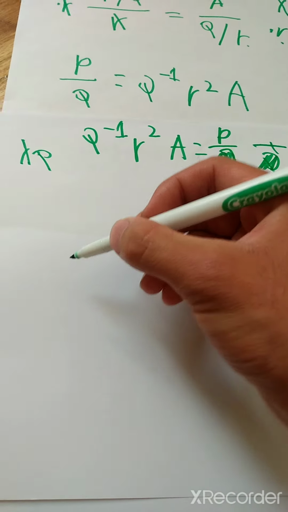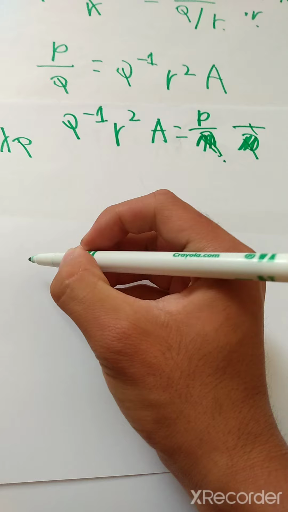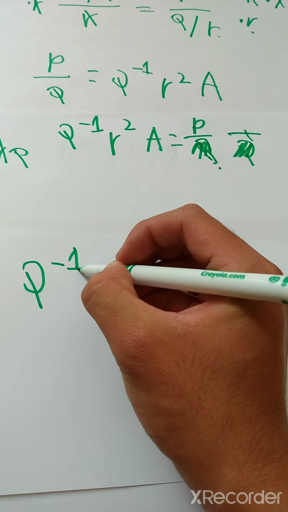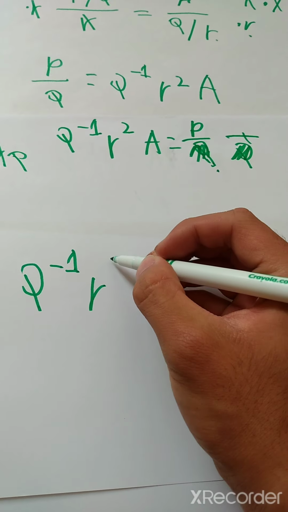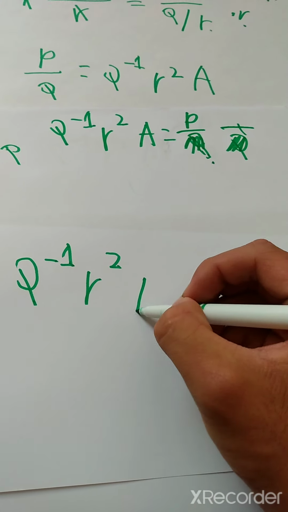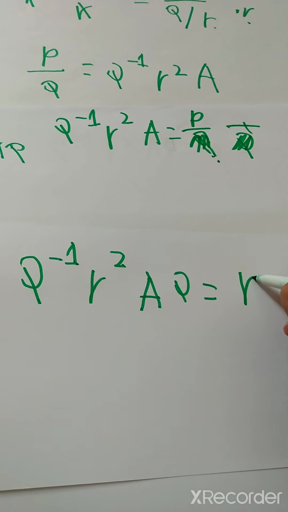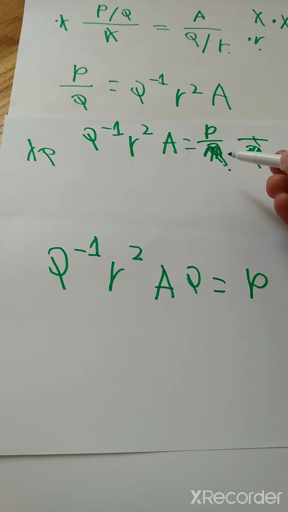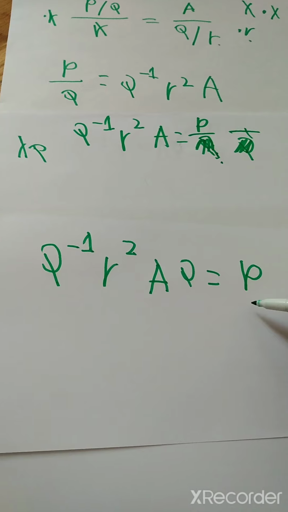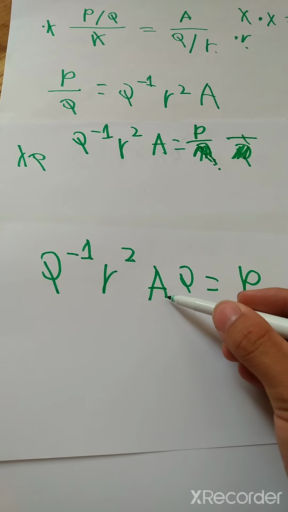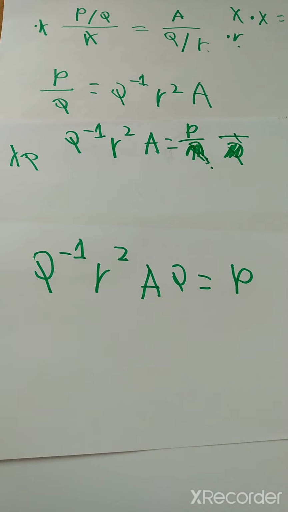So now we have a new equation: q to the -1 power times r squared times a equals p. What we just did is get the q away from the p, so now p is alone, but we just want a alone. This is not done yet.